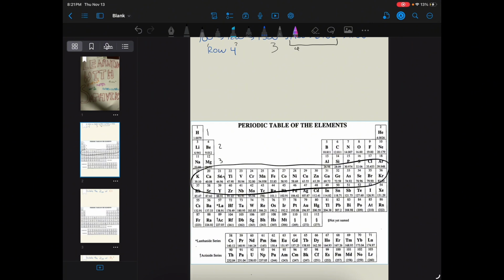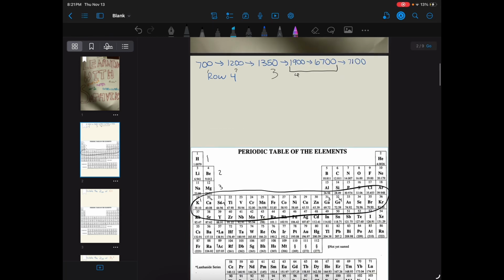So then the easiest way that I find to find the valence electrons is by simply just counting from left to right. So potassium would have 1, calcium would have 2 valence electrons, Ga would have 3, and then Ge, germanium, would have 4 valence electrons.